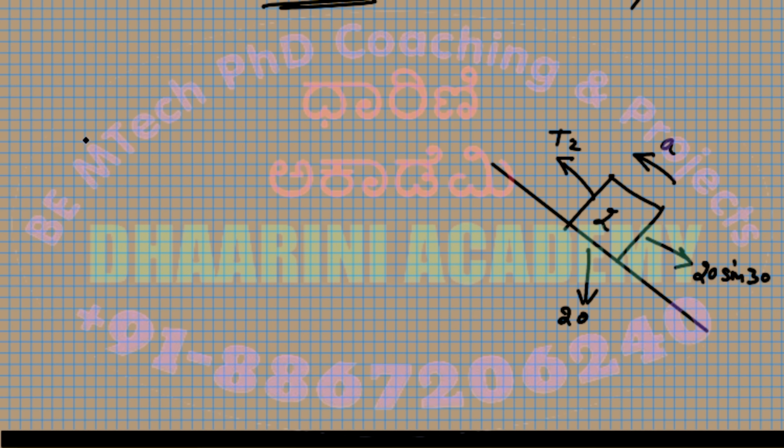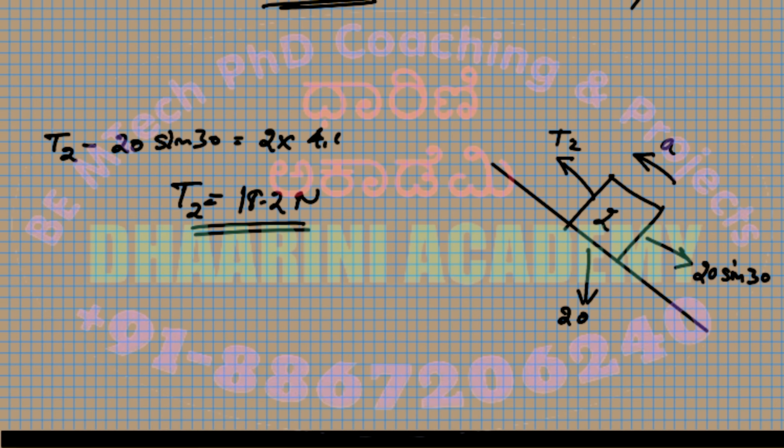So we can write now T2 minus 20 sine 30 is equal to the mass, which is 2, into the acceleration. Acceleration was 4.1. So T2 is equal to 18.2, I guess. Okay, 18.2 newtons. Perfect.